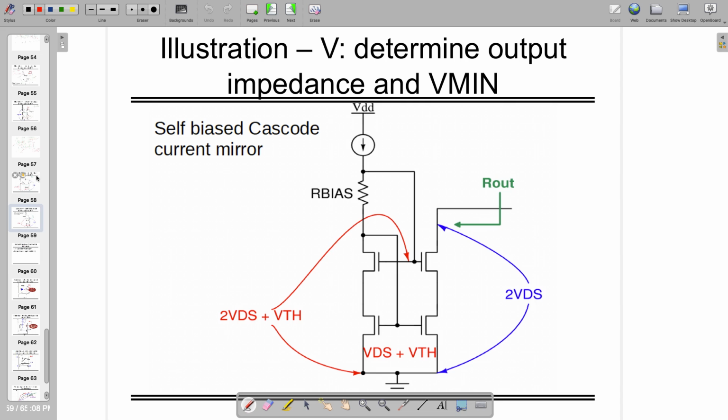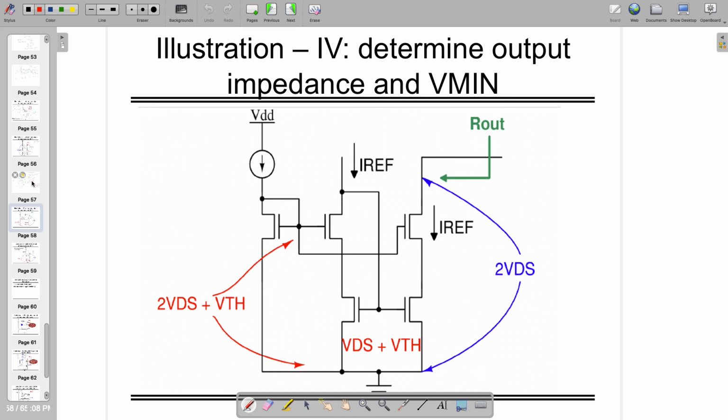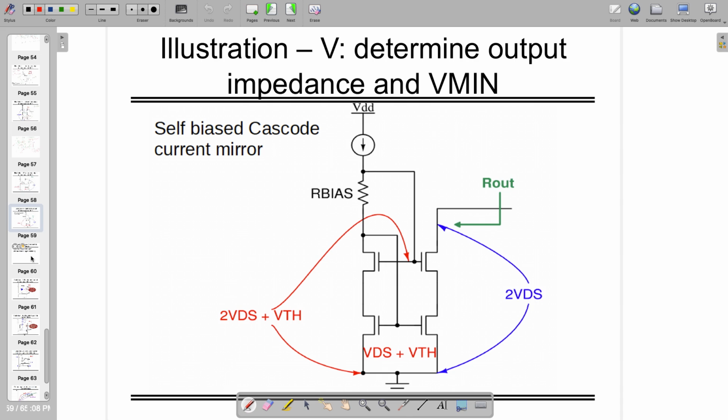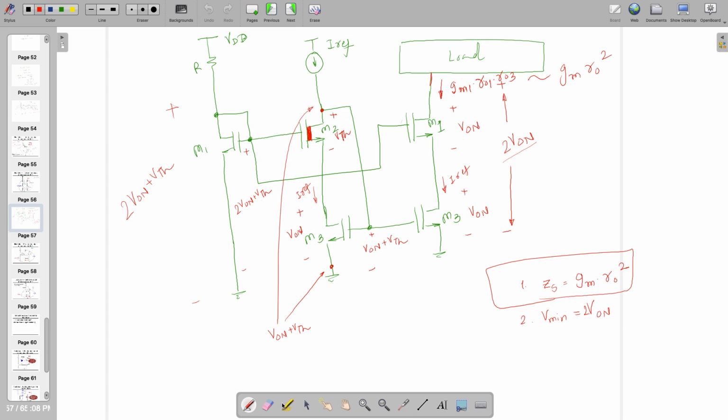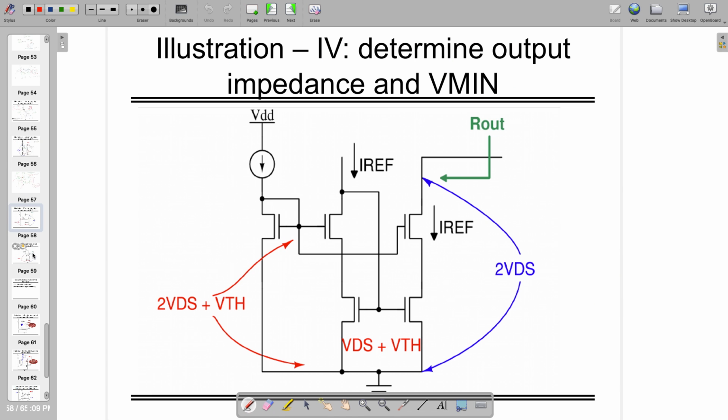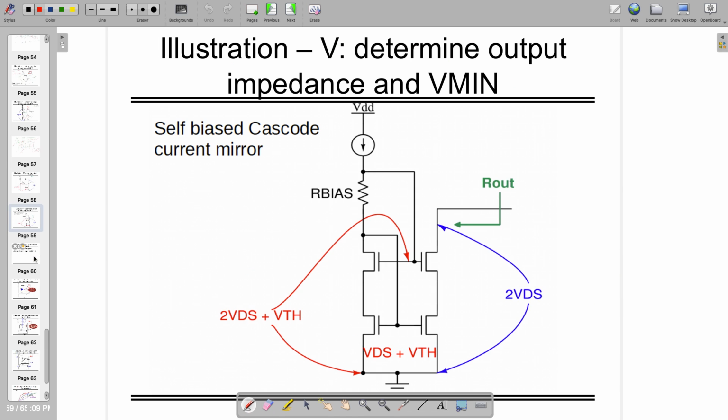Other than that, there is one more thing: rather than doing this, we can add one more resistance over here to make it self-biased. Okay, let's look at this. By adding one extra resistance over here, name it R bias.